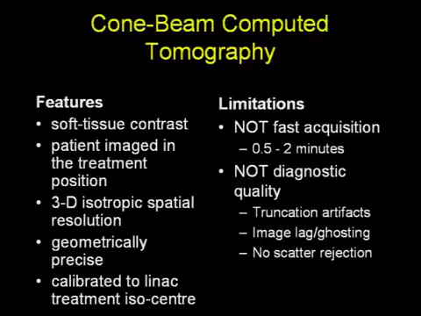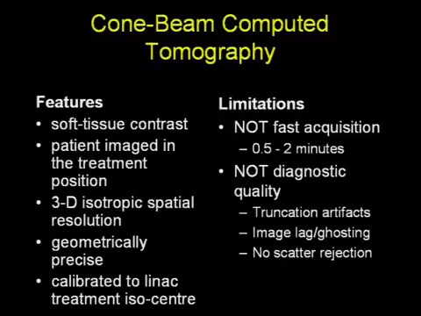There are limitations, however, that people need to be aware of. The acquisition is not necessarily fast and sometimes involves a reconstruction phase that further lengthens the time of the procedure. So typically, cone beam CT systems can provide volumetric images from 0.5 to about 2 minutes for acquisition only. And again, I would like to stress that images obtained with cone beam CT are not of diagnostic quality. They are affected by truncation artifacts.